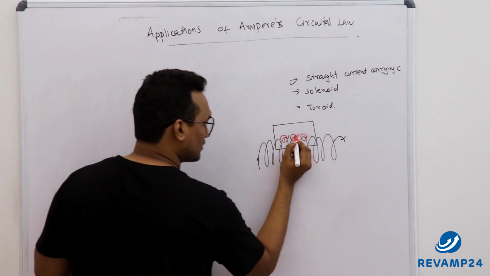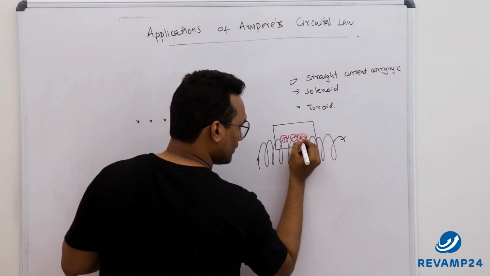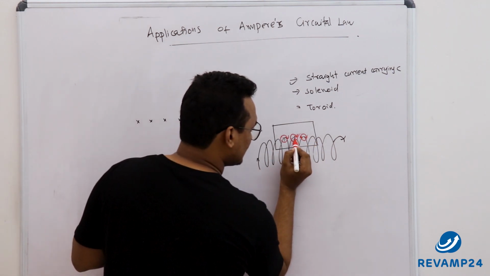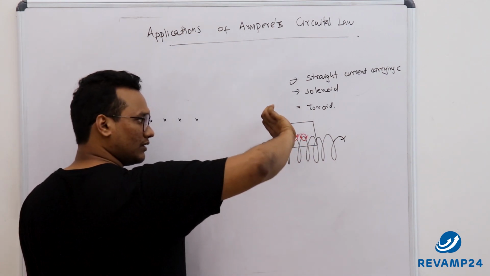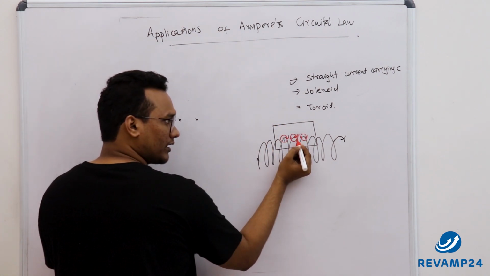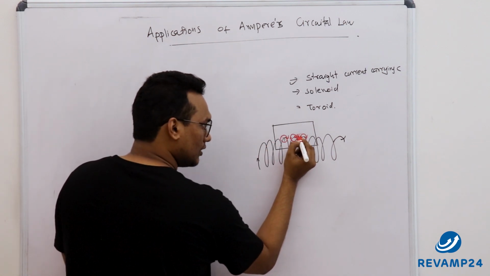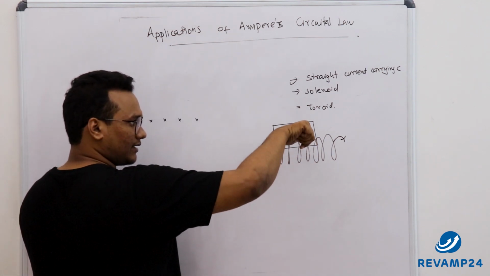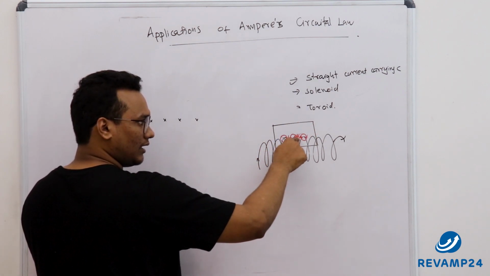Now see one thing. Here the direction is inward, here inward. See the two nearby coils. The direction of magnetic field at this point will be downward, with respect to the first coil.